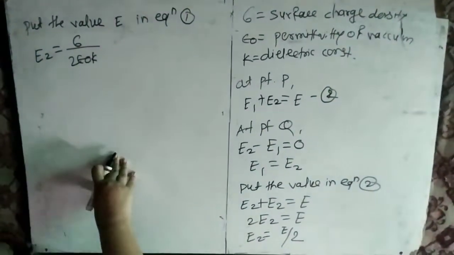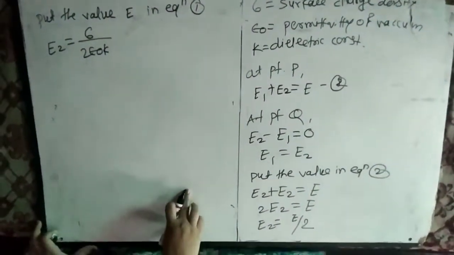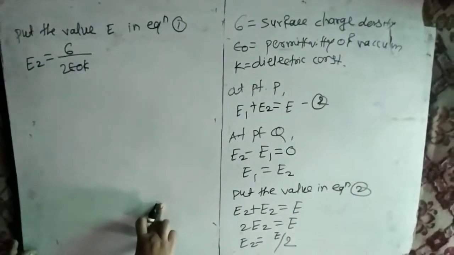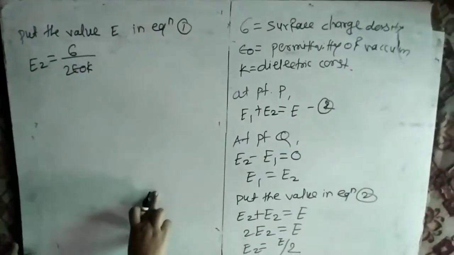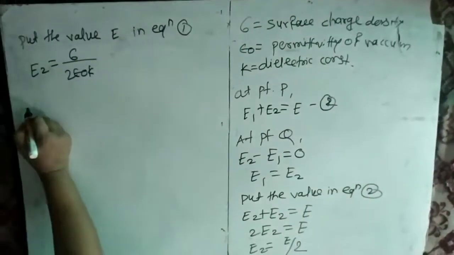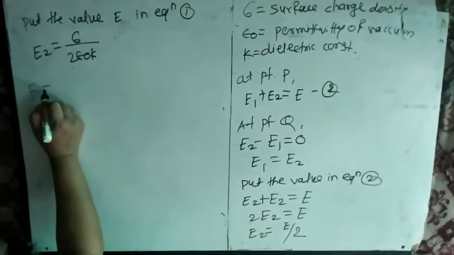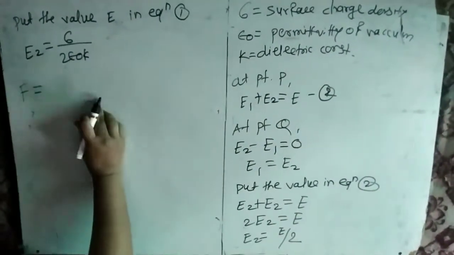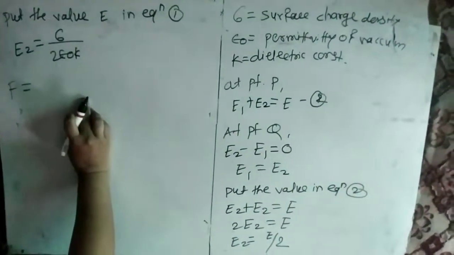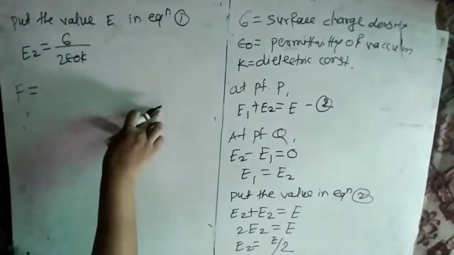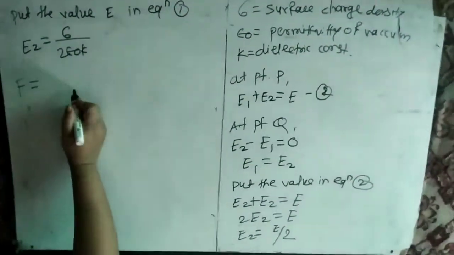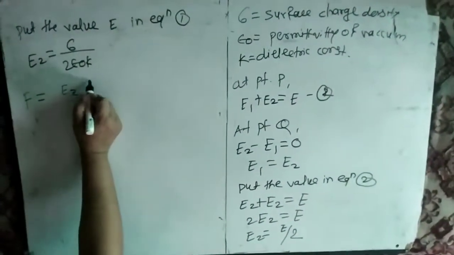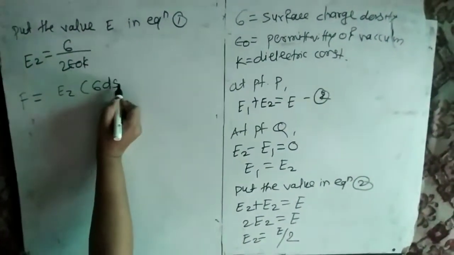Now the area dS and the electric intensity, see this figure. The electric force perpendicular to the surface area is given by F, that is the intensity due to the remaining charge of the conductor into the charge on dS. See this figure. So F, the force, is given by E2 into sigma dS.